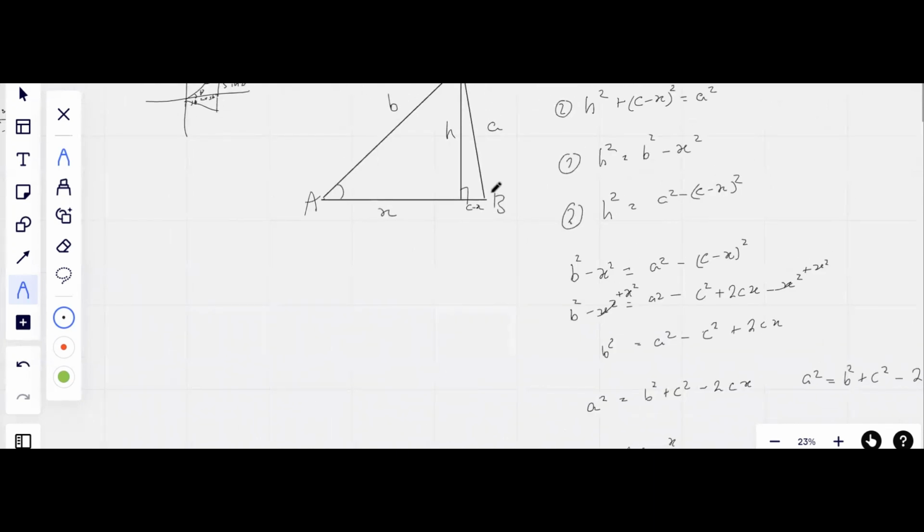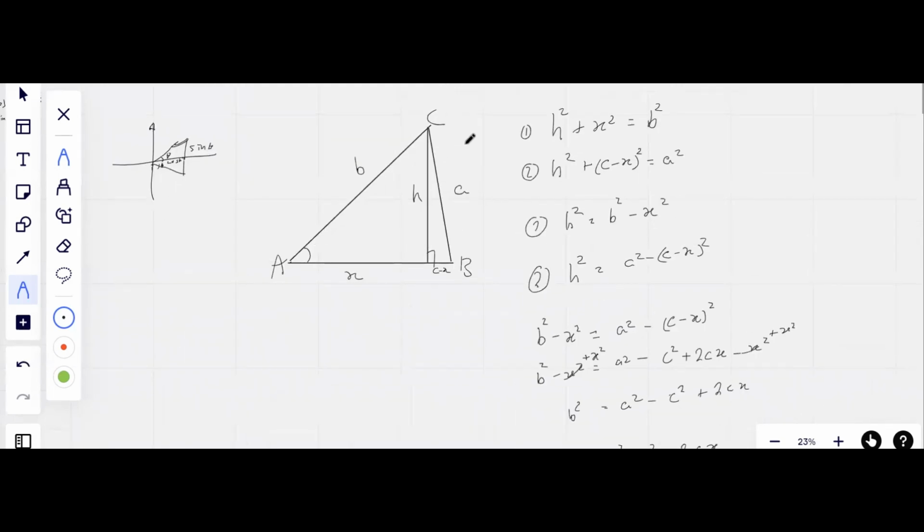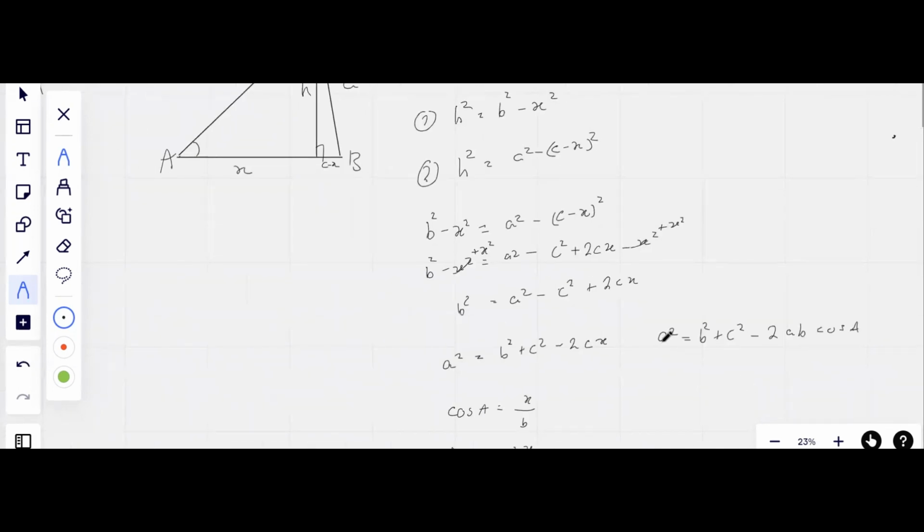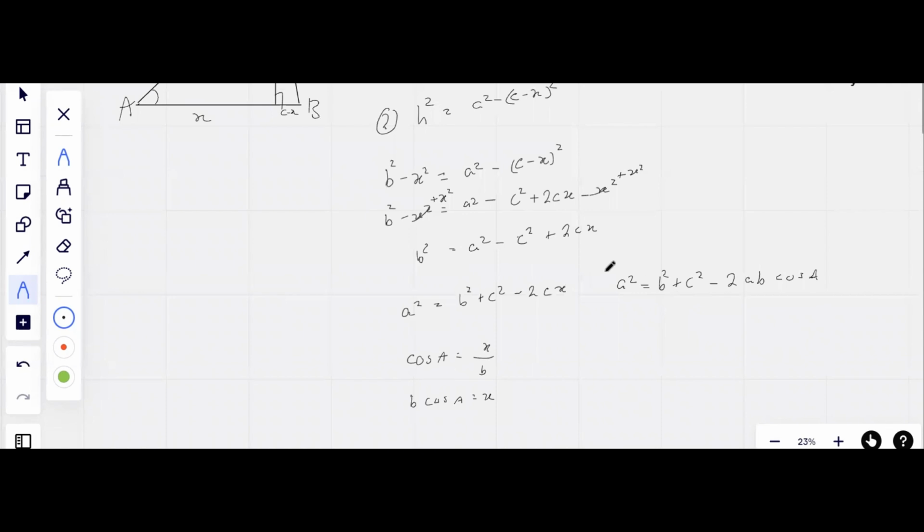So if we're finding angle B, then we have to use side B in the pursuit of finding the missing side. Okay, and that concludes the proof.